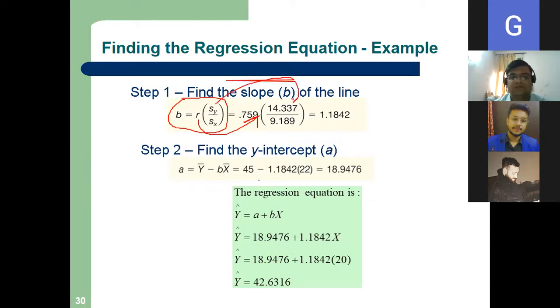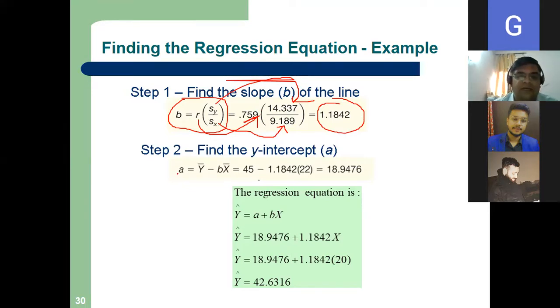Sy, you all know how to calculate standard deviation. What is our Sx? 9.189. Multiplying these, we get B as 1.184.